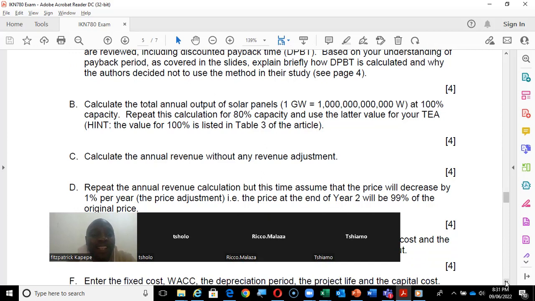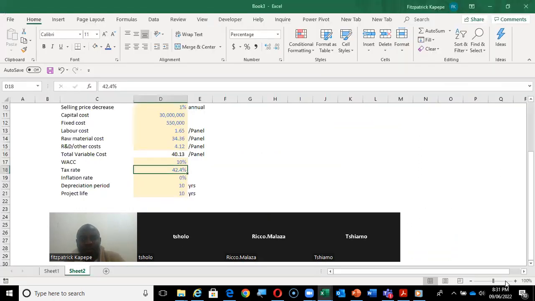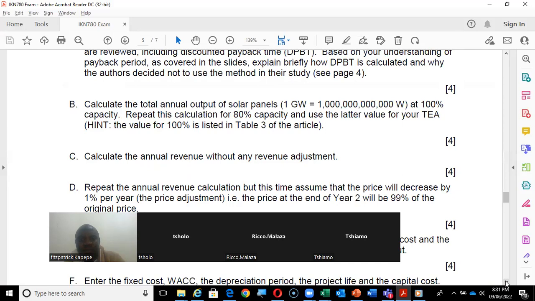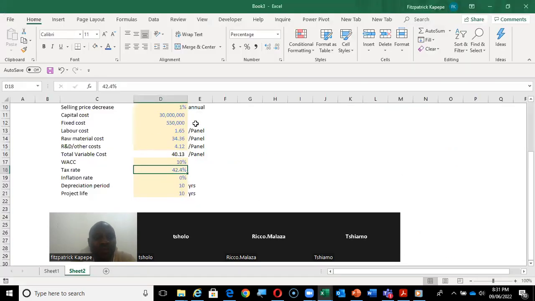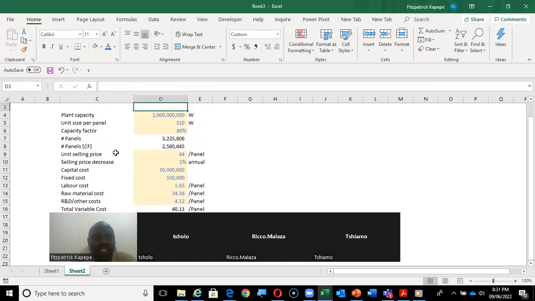B, calculate the total annual output of solar panels at 100% capacity. Repeat this calculation for 80% capacity and use the latter value for your T. So what we did here, it was basically panels.